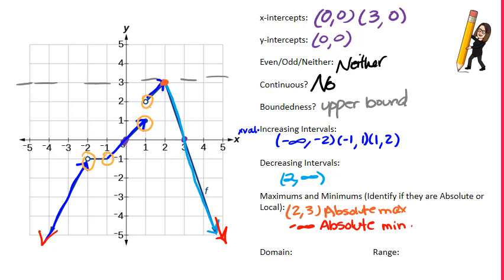Domain. How far left to how far right does this graph go? Now, this is going to be very specific. I'm going forever left. Remember, this is x values left to right. I'm going forever left. But I have a break here at negative 2, so at negative 2 I stop. I pick back up at negative 2 because it's an open circle, and I'm going forever right.